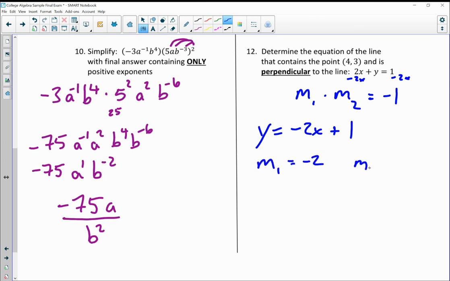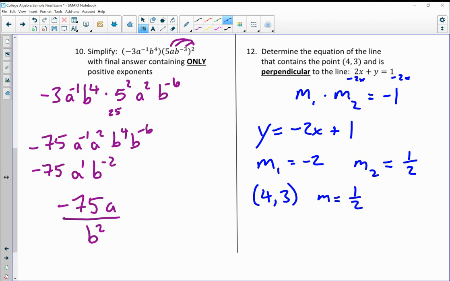That means the perpendicular slope has to be the reciprocal and the negative. So positive 1/2. Okay, so that's the slope we're using. And we have the point 4, 3. Okay, so 4, 3. And the slope we're using is 1/2.